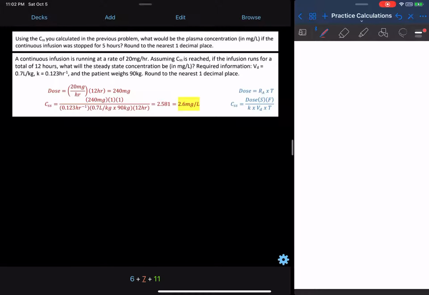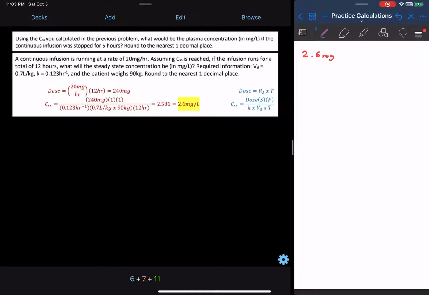Stopped for 5 hours. Huh. So in the original problem, it was stopped. Was it stopped? It wasn't. Oh, I think this is the same thing, but I think this is how it's going to look.